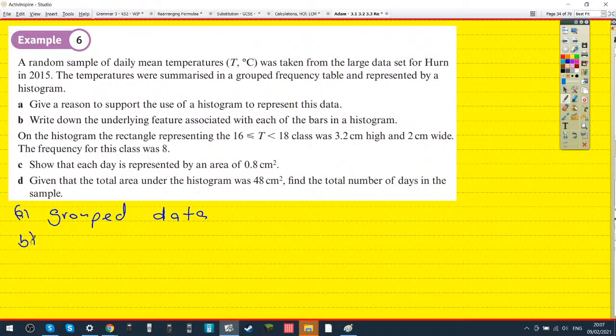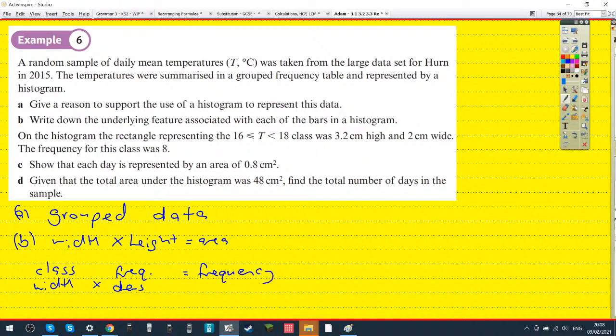Any idea what B is about? No. So in the same way that base times width, width times height equals area, class width times frequency density equals frequency.